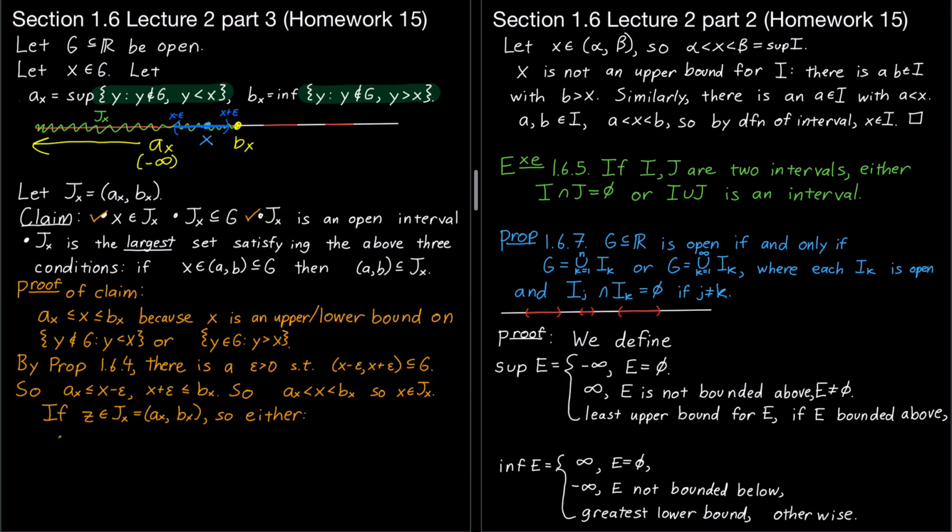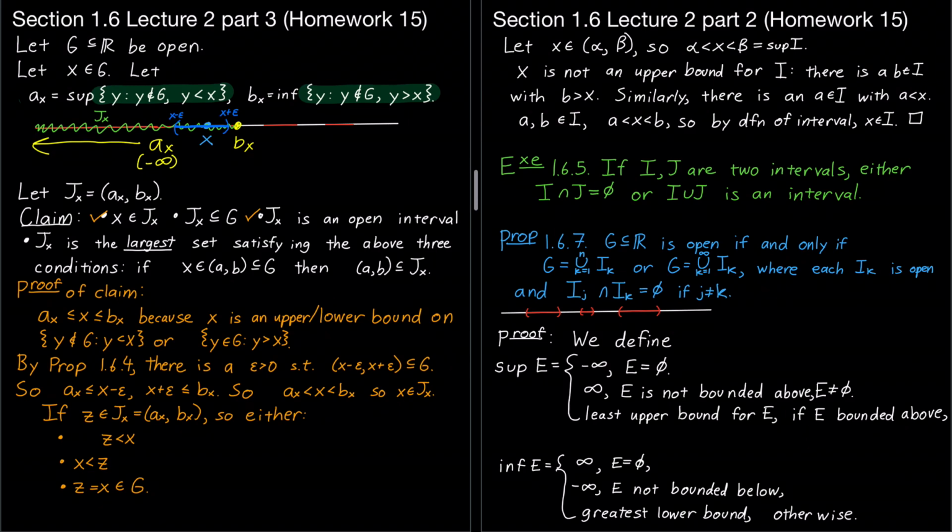We've got that a_x is less than z. We've got that either z is less than x, or z is greater than x, or I suppose z equals x, which we've already seen is in J_x, which by assumption is in our open set G. So in the bottom case, we see that z is in G, and remember, we're trying to show that z is in G no matter what element of J_x it is.